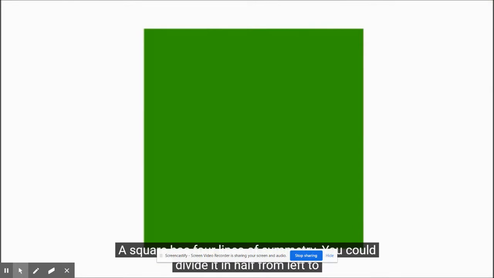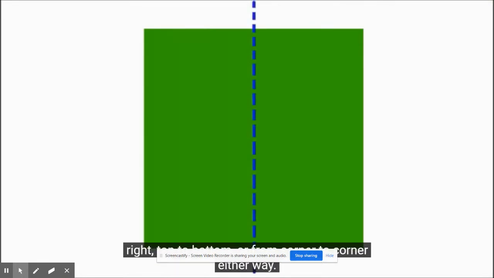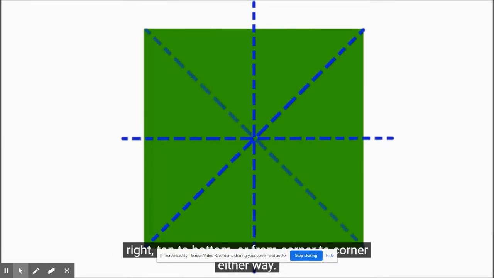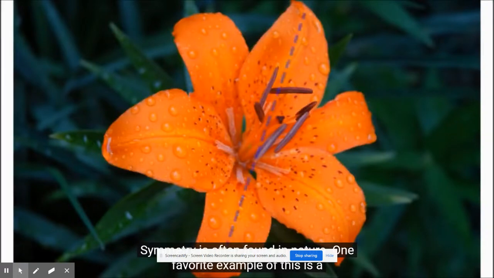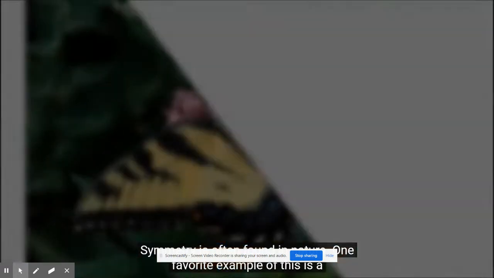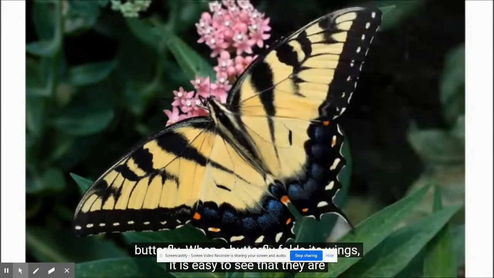A square has four lines of symmetry. You could divide it in half from left to right, top to bottom, or from corner to corner either way. Symmetry is often found in nature. One favorite example of this is a butterfly.